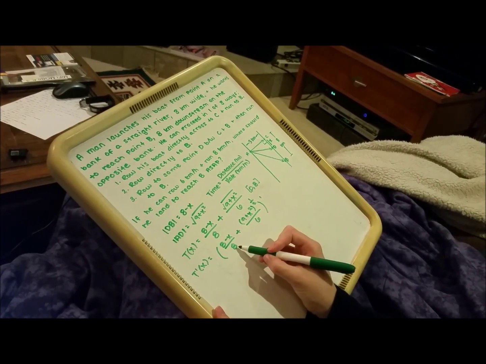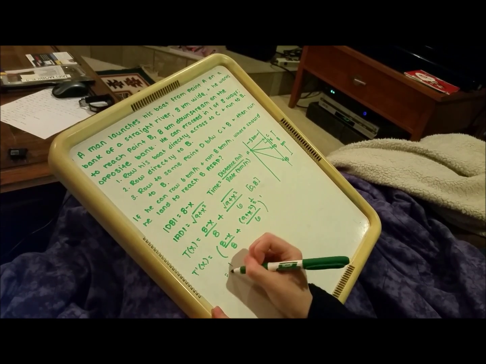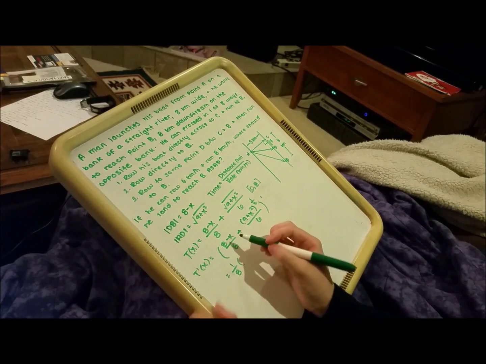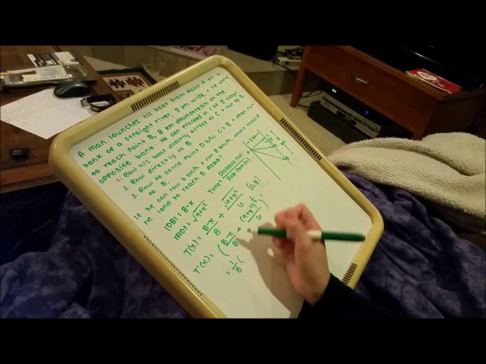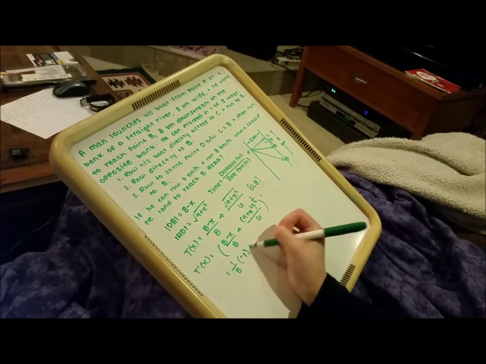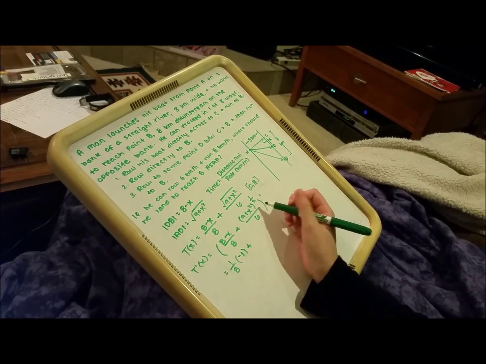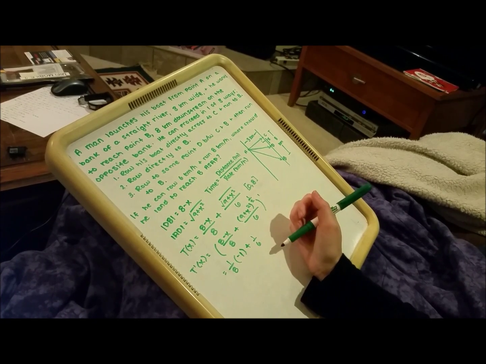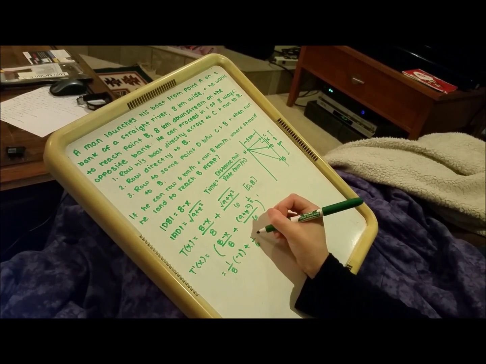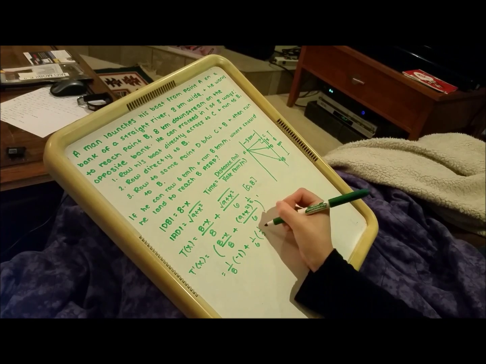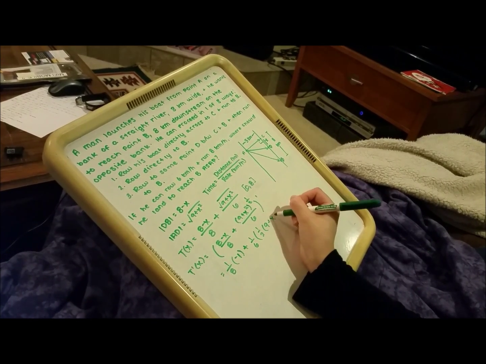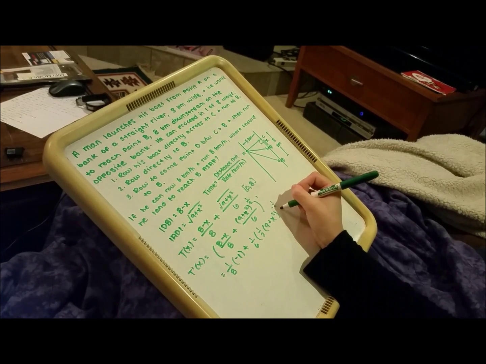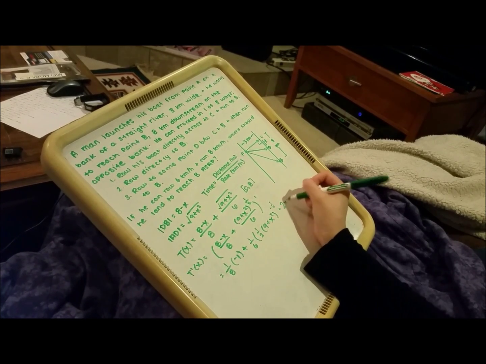So we can pull out this 1 over 8 and take the derivative of 8 minus x, which is just -1, plus pull out 1 over 6, and the derivative of (9 plus x squared) to the 1/2 is going to be 1/2 (9 plus x squared) to the -1/2 times 2x.